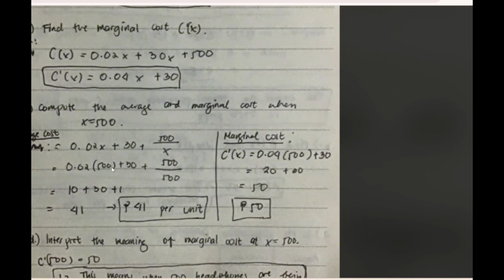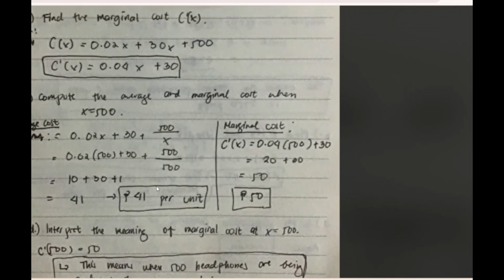Multiplying 500 by 0.02 gives us 10, then copy 30 since it is not multiplied by 500, and then plus 500 over 500, which is 1. So we have 10 plus 30 plus 1. Adding all together, we obtain 41 per unit.